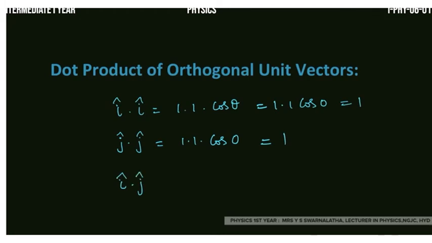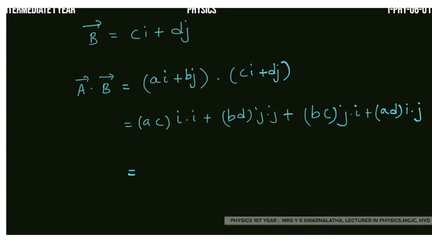Now for i cap dot j cap, as they are unit vectors, we write 1 into 1 into cos 90 because i and j are perpendicular to each other. So cos 90 is 0, and we get the value 0. And j dot i is also 1 into 1 into cos 90, which is 0. The x and y axes are perpendicular, so the angle between them is 90 degrees and cos 90 is 0.